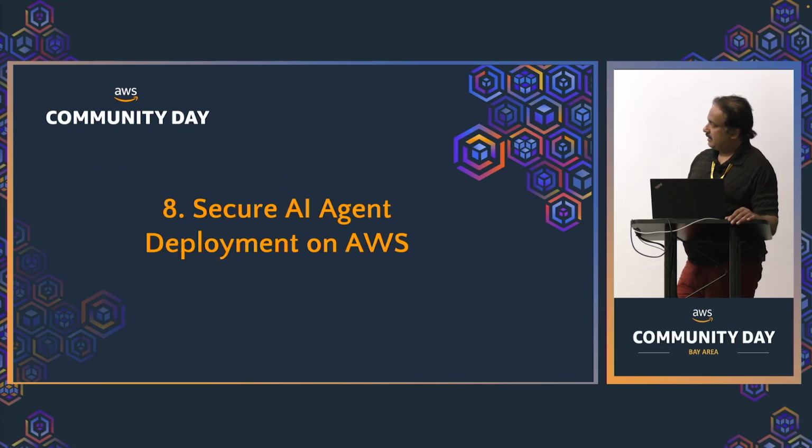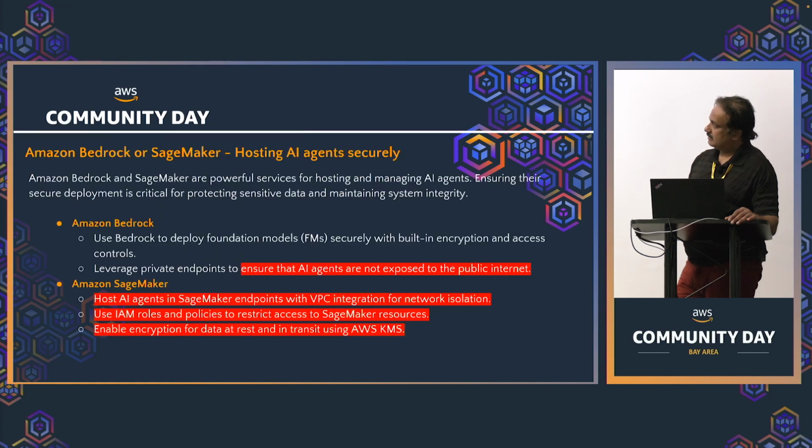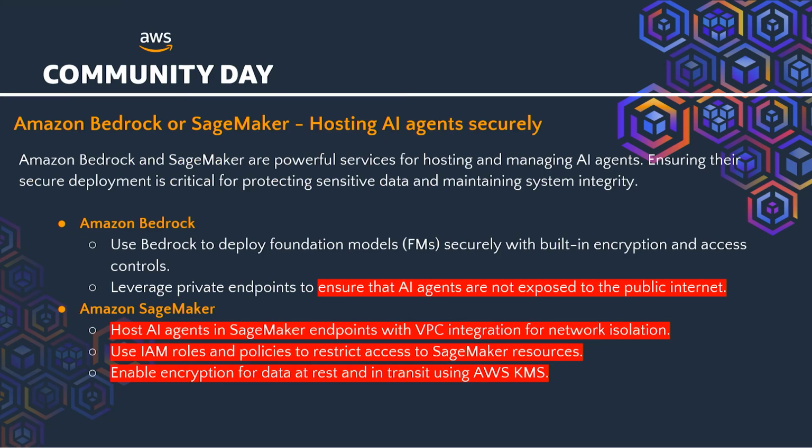Securing AI agent deployment on AWS. When you deploy AI agents or Gen AI applications on Bedrock or SageMaker, ensure that AI agents are not exposed to the public internet. Host AI agents in SageMaker endpoints with VPC integration for network isolation.